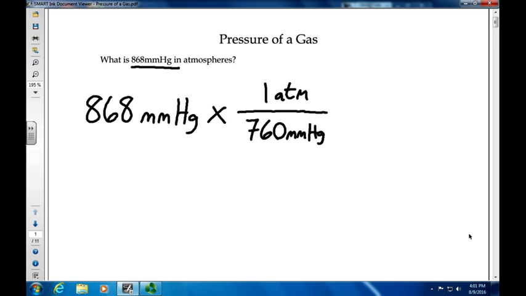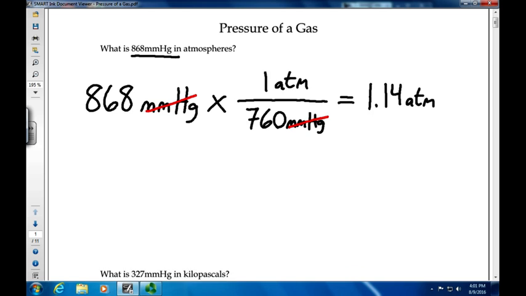The units of millimeters of mercury cancel each other out, and we're left with atmospheres. Then all you have to do is the arithmetic, and you'll find that the answer is 1.14 atmospheres, which is to 3 significant figures, and it corresponds with the amount of significant figures that we were given in the beginning.